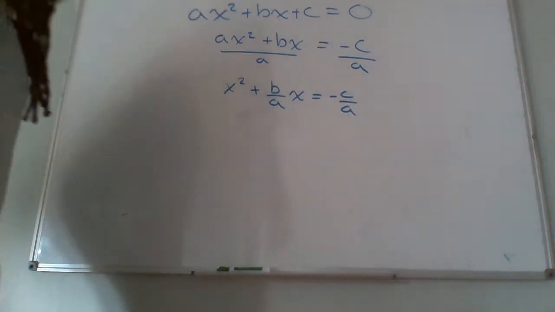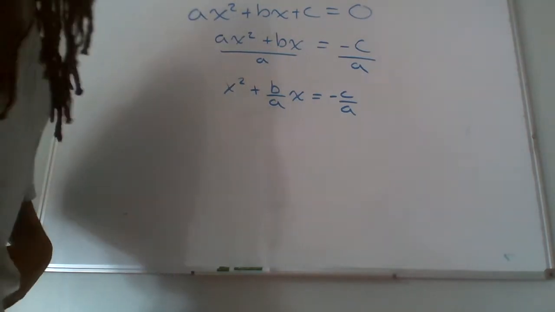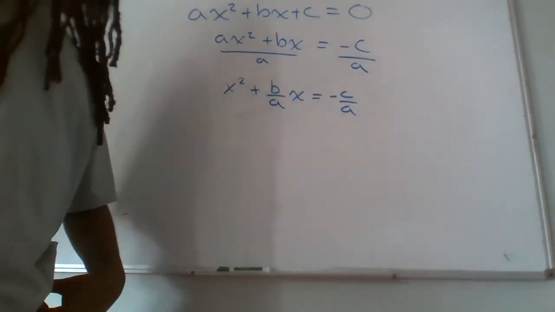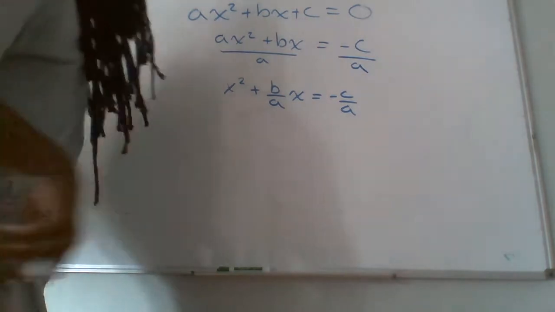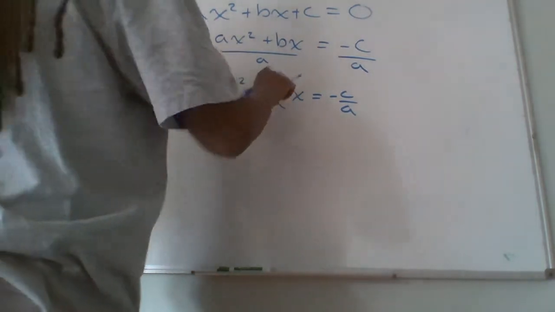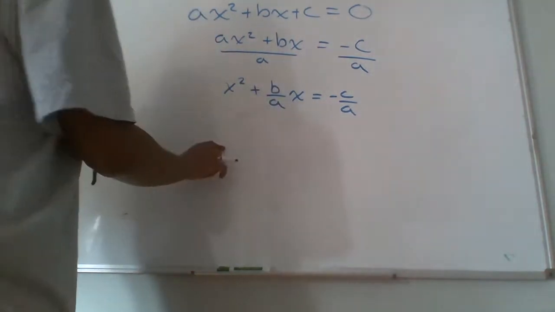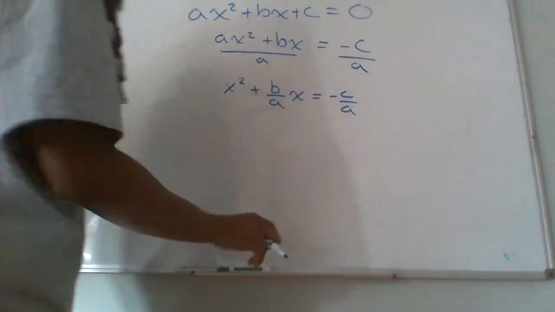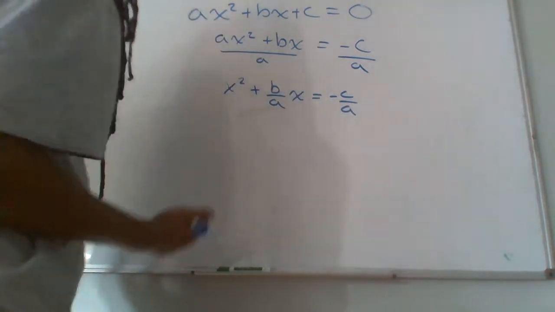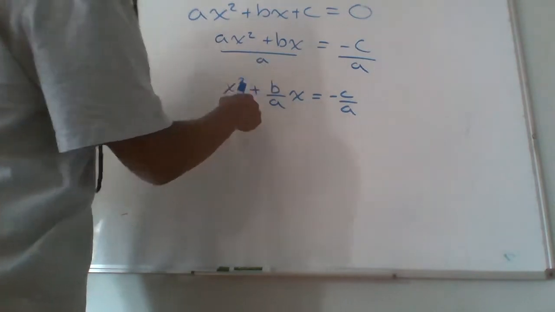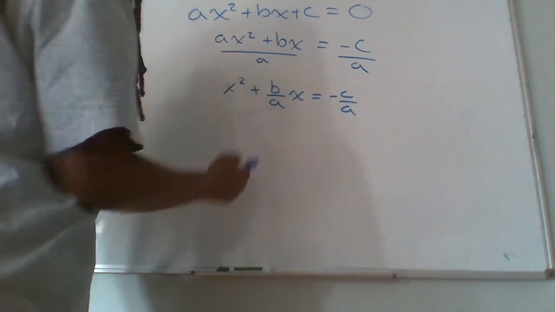Now, in order to complete the square, which again, there's an example of in my other video, we have to divide this term by 2 and square it and add that to both sides. So let's do that. We're going to take b over a and divide it by 2.